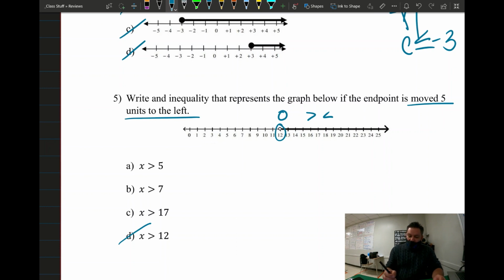So what I actually have to do is move 1, 2, 3, 4, 5. That's my point. Which number is that? 7, which is B. Now, if you're not paying attention to anything, you look at number 5 and you select A, you're wrong. If you actually move to the right, you're going to end up at 17, which is not what you want because you're moving to the left. Right, left. Know your right and left, guys.